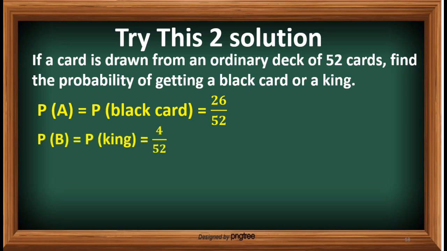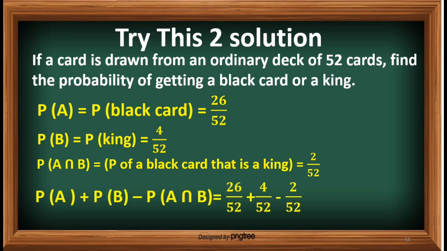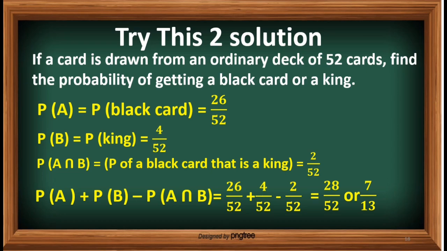The probability of B, a king, is 4/52. The intersection, a black card that is a king, is 2/52. For the final probability, we have 26/52 plus 4/52 minus 2/52, equal to 28/52, and the simplest form is 7/13.